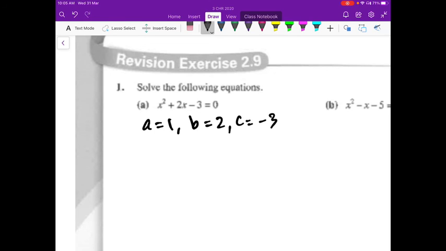X equals minus B plus minus square root B squared minus 4AC over 2A. Now, all I need to do is to just substitute all the A, B, and C with brackets. Don't miss out on the negative sign.